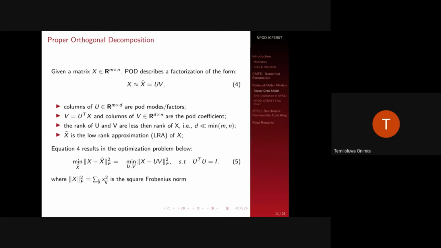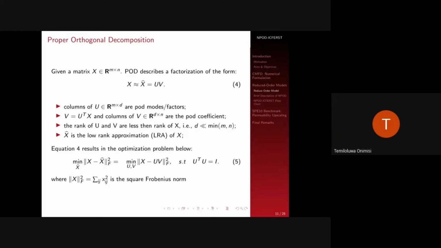POD is a very powerful decomposition method that is used to obtain low dimensional approximate descriptions from high dimensional data sets. So if we're given a matrix X, POD seeks to factorize X in the form of equation 4. POD factorizes it to give U and V, where the columns of U are called the POD modes and the columns of V are called the POD coefficients.